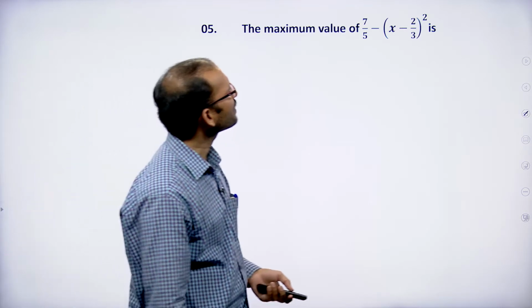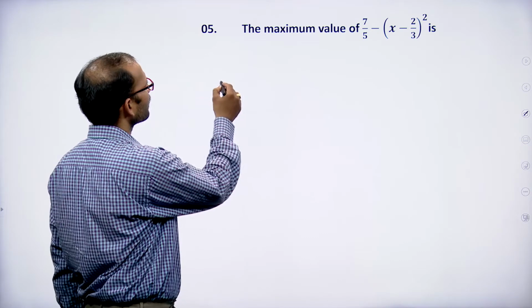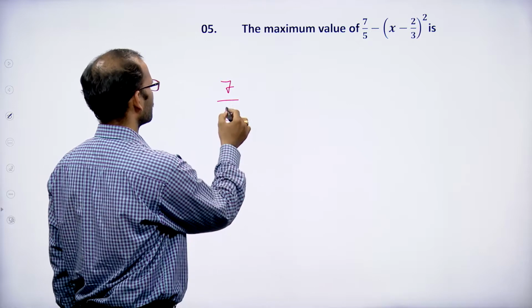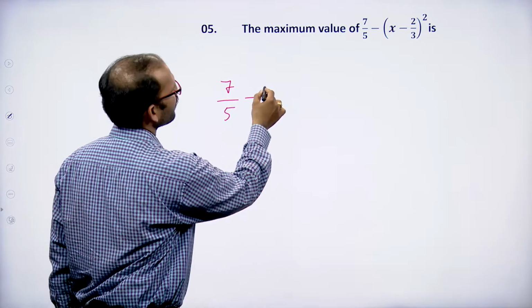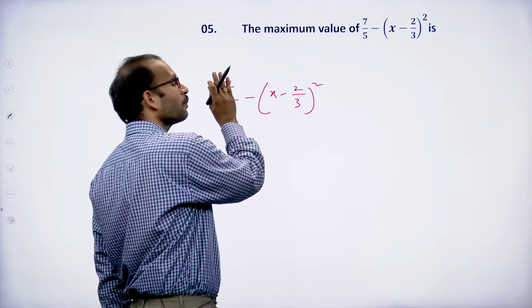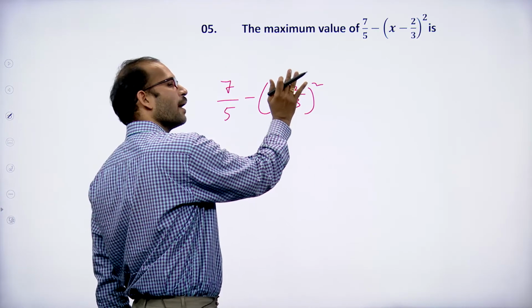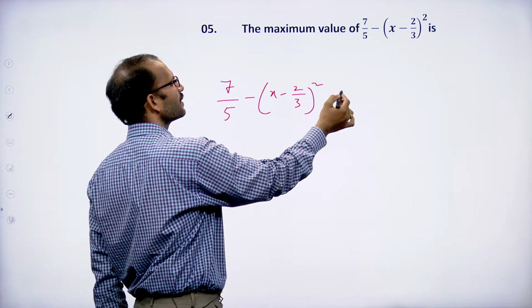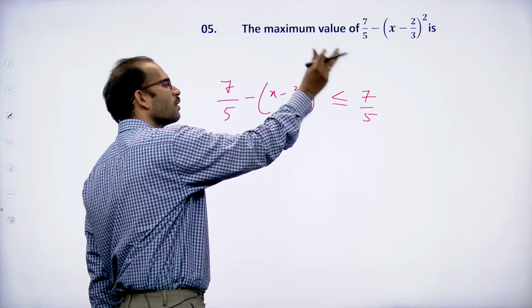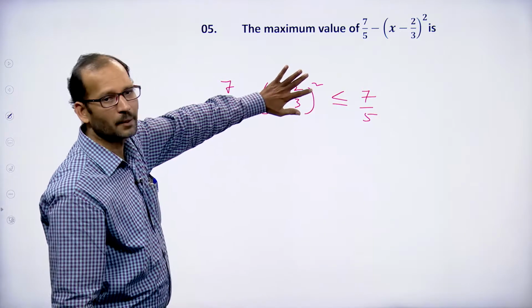The maximum value of 7 by 5 minus (x minus 2 by 3) whole square, because from the positive number you are subtracting another positive number. So this is always less than or equal to 7 by 5. When will this expression be equal to 7 by 5? When this becomes 0.